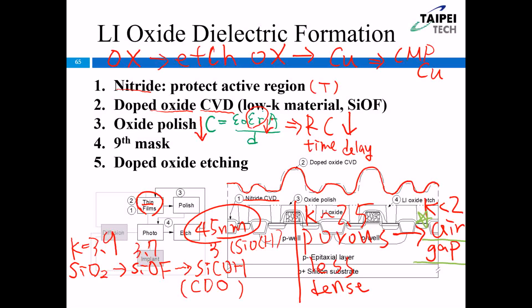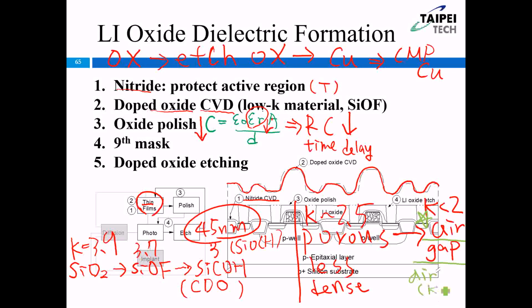I hear air gap not only in the interconnect, but also for the sidewall spacer. We also use the air gap technology. What does that mean? It means we introduce air into the dielectric, because air has a dielectric constant of 1, right?